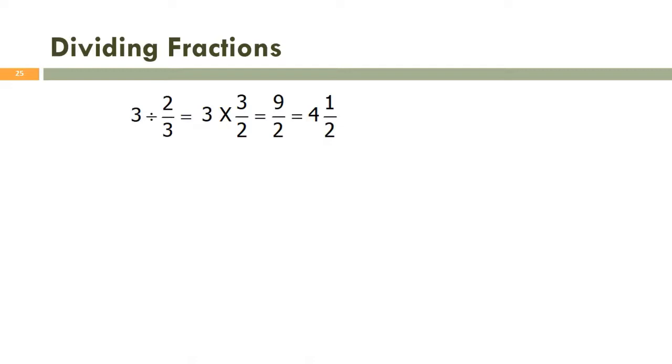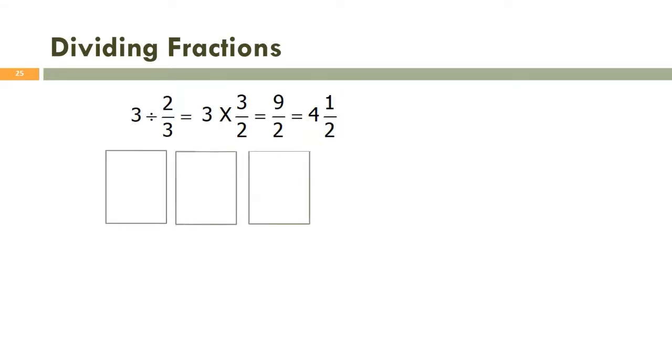I could use representations to actually help my students understand this. When I'm doing this, I need to be really careful, because I need to draw my students' attention to the fact that I'm going to be using 2 different units, the whole and a reference unit. So that's my 3. This is what I'm starting with.